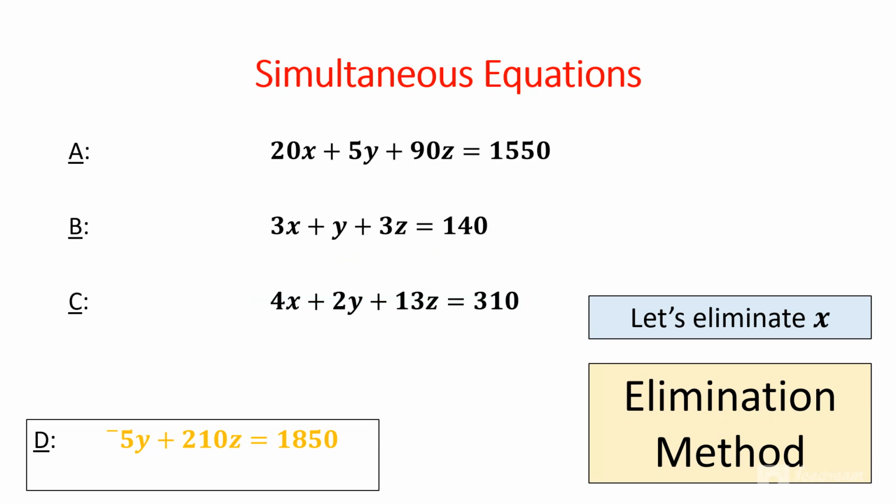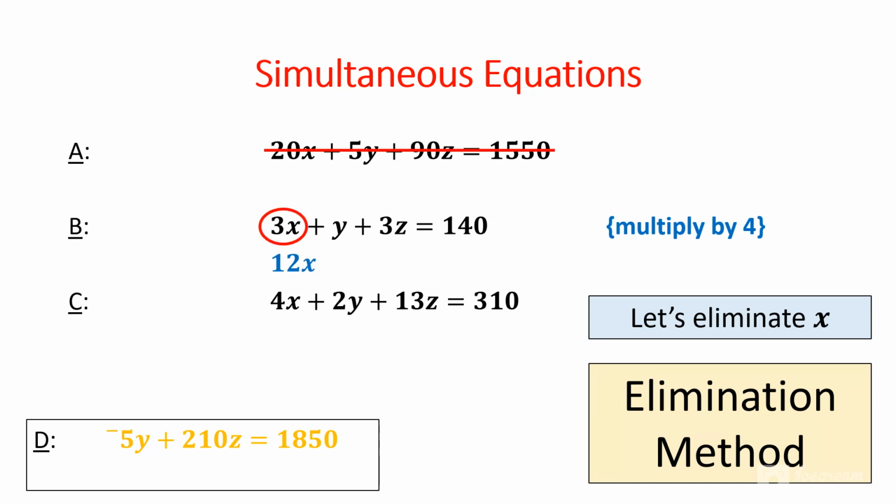Well, let's start that whole process again. We're still eliminating x, but this time we're going to pick 2 new equations. So this time I'm going to forget about equation A and use equations B and C. Let's start off with equation B and multiply everything by 4. Why 4, you're asking? Because the coefficient of x in the other equation we're using is 4.